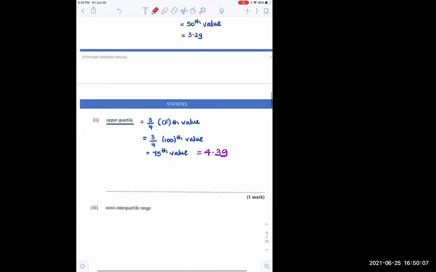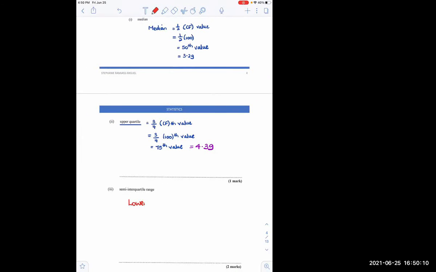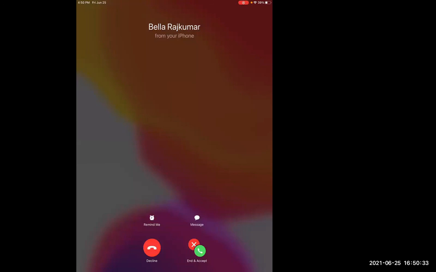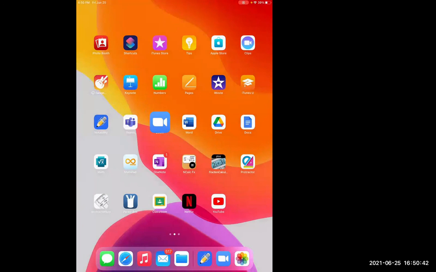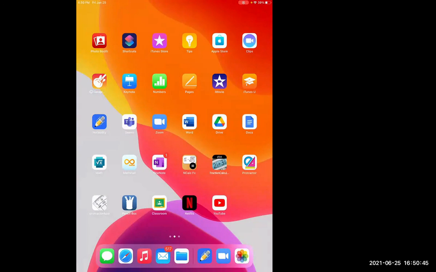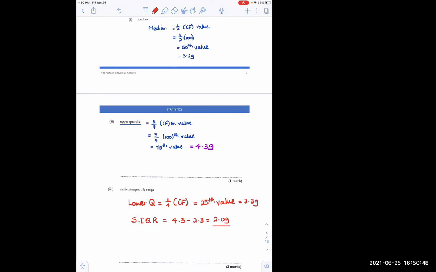The lower quartile was 1/4 of the CF, which is the 25th value, and that was 2.3 grams. So 4.3 minus 2.3 is 2.0 grams.